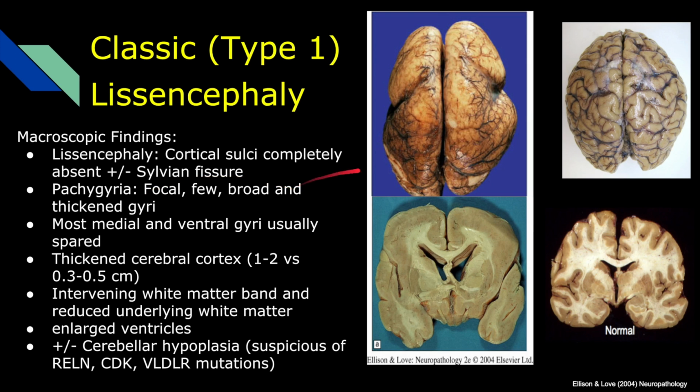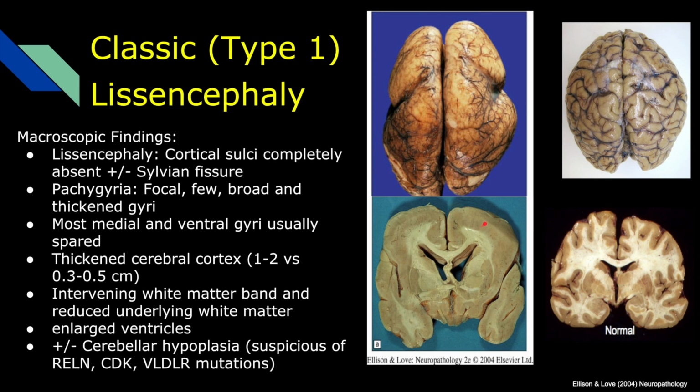This is a good example of what a thick cortex looks like. So this is a normal brain. This is again from another great book, Ellison and Love, reference text and atlas, a must for all neuropathology trainees.